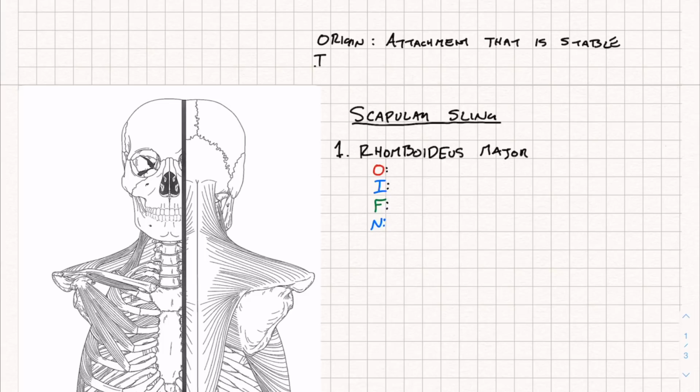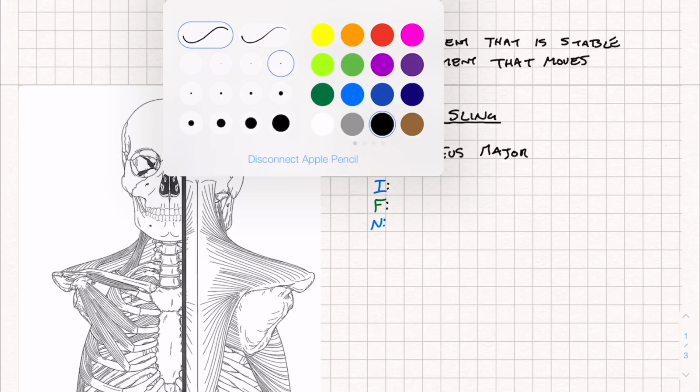Where the insertion is going to be the bone that moves. So this is the attachment that we are acting on that moves. Okay, so origin is the area where it comes from, insertion is where it's going, and the insertion is what gets acted on. That's where the movement's going to happen.